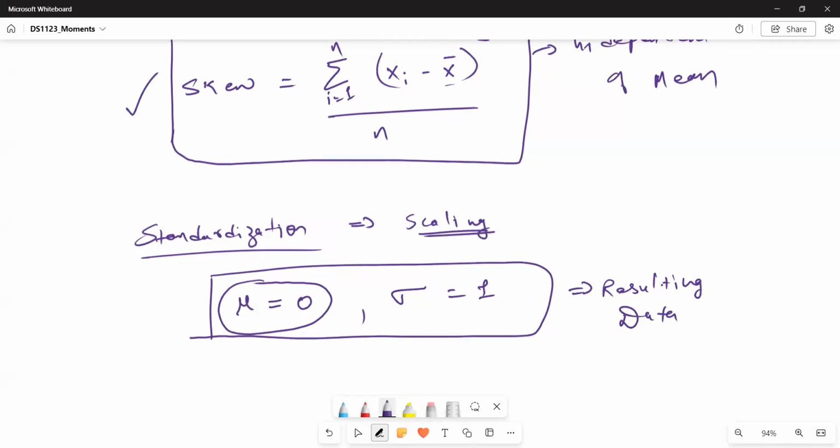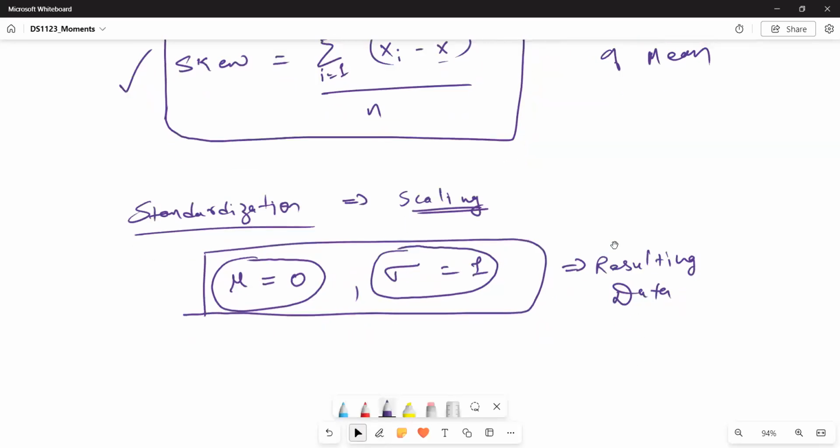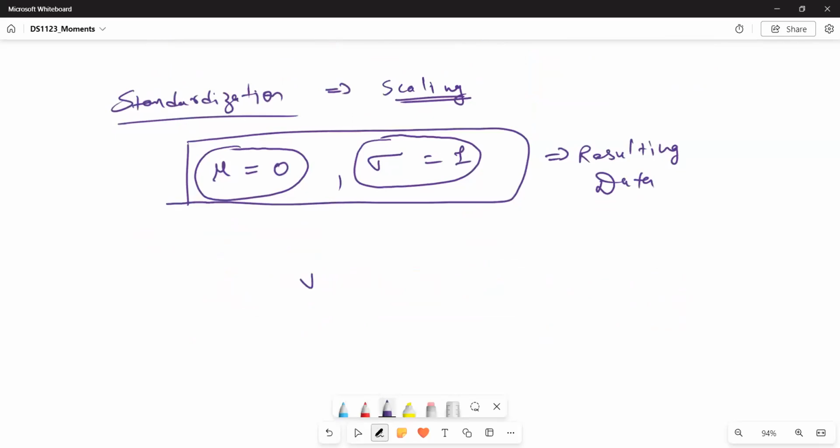Now, this is the condition that needs to be satisfied. Standard deviation of 1 basically means variance of 1, because standard deviation is nothing but the square root of variance. If standard deviation has to be 1, your variance has to be 1, because the square of 1 is 1 itself. If you take the square root of 1, it will be 1 again.